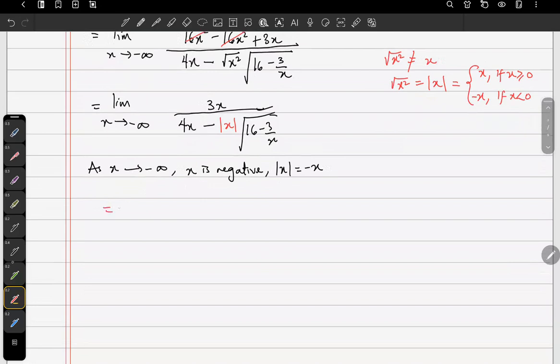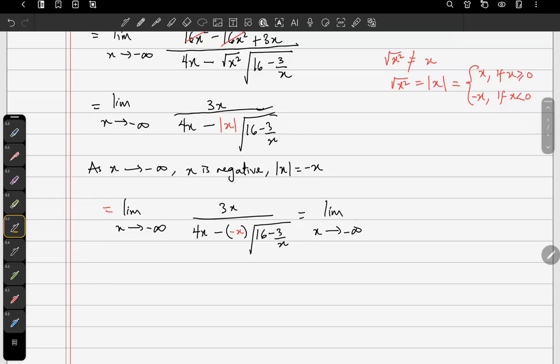So this is going to be the limit as x goes to negative infinity of 3x over 4x minus negative x times the square root of 16 minus 3 over x. So this is the limit as x goes to negative infinity of 3x over 4x plus x times the square root of 16 minus 3 over x.